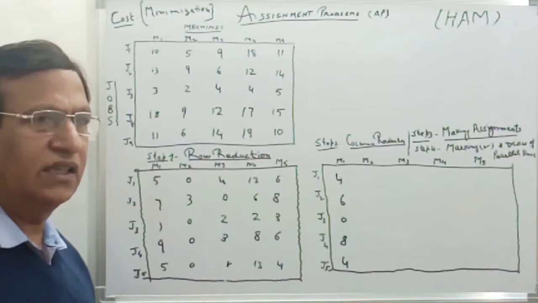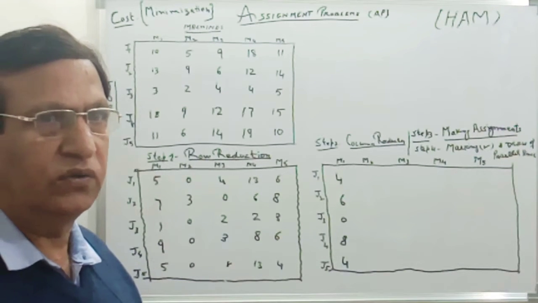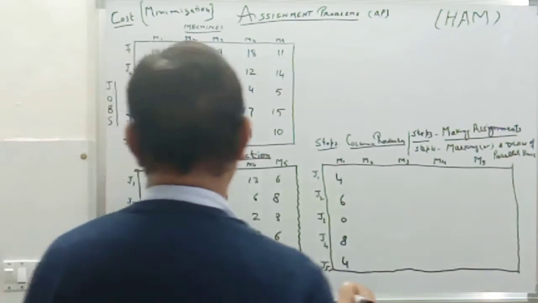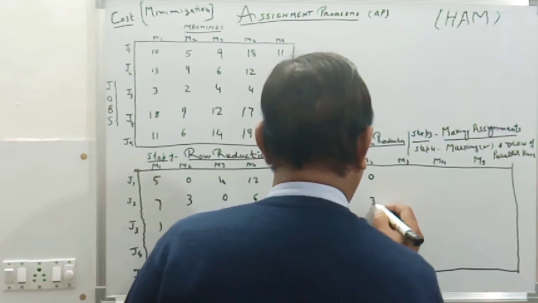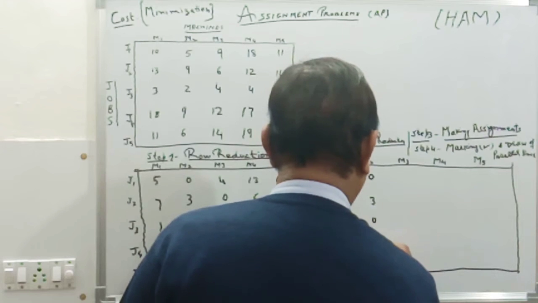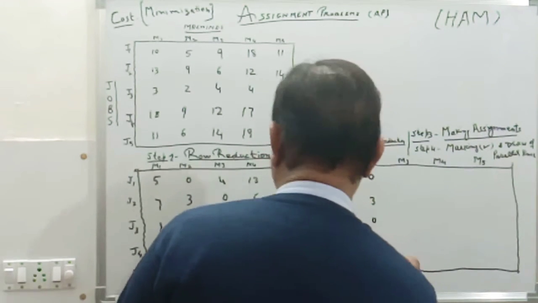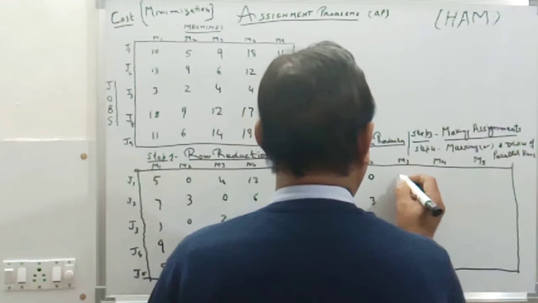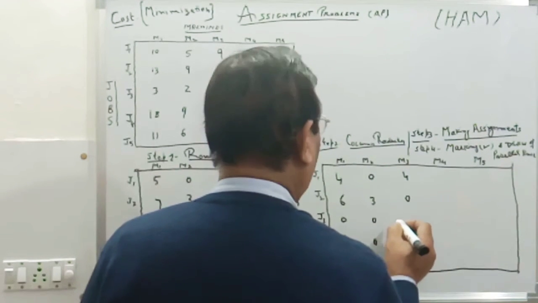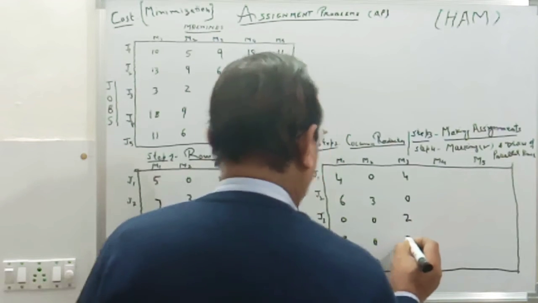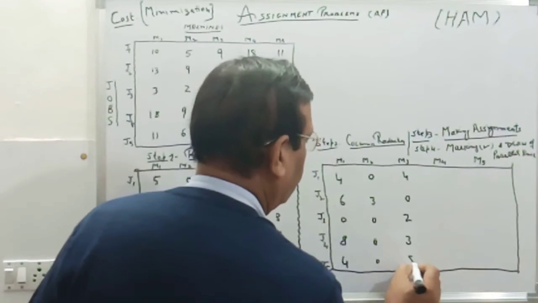When 0 is there in any row and column, there is no need of reduction or selecting a minimum element. So it is 0, 3, 0, 0, 0. Next again 0 is there, so it will remain as it is. 4, 0, 2, 3 and 8.